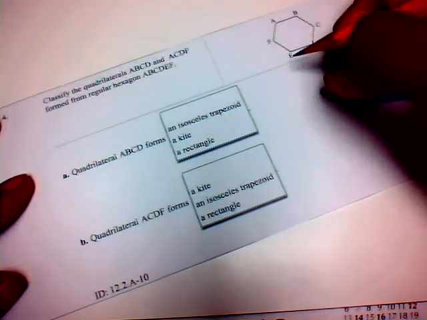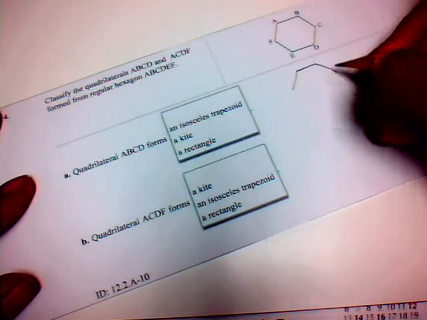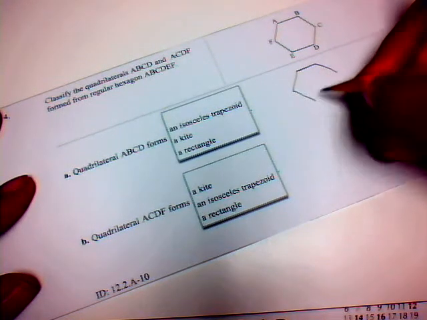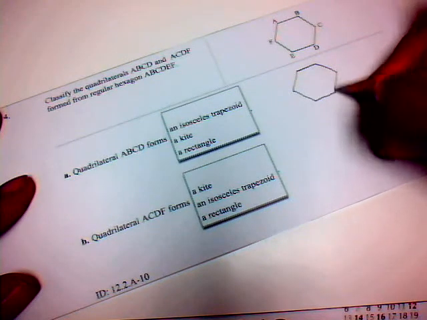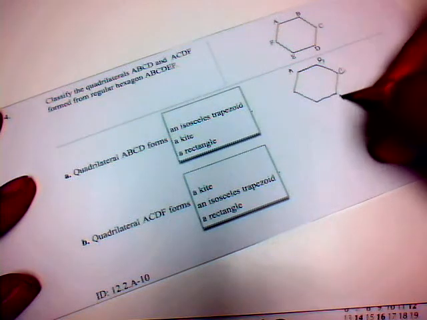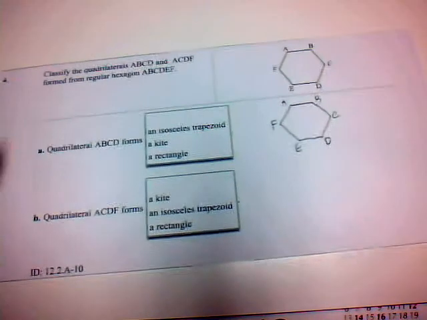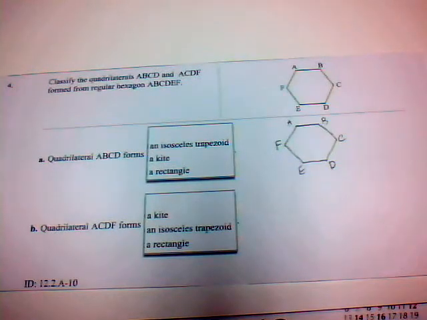Now I'm going to copy down the hexagon, and then in a different color I'm going to highlight ABCD.